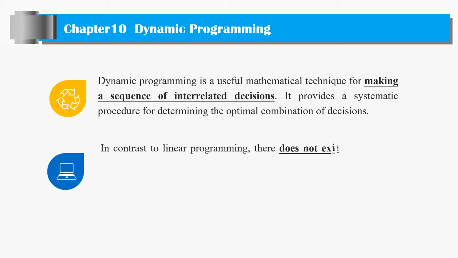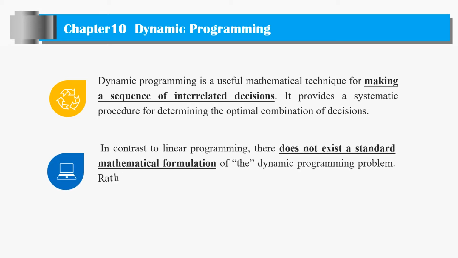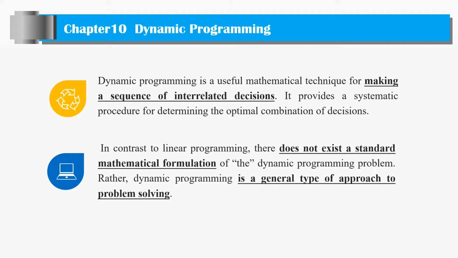In contrast to linear programming, there does not exist a standard mathematical formulation of the dynamic programming problem. Rather, dynamic programming is a general type of approach to problem solving.